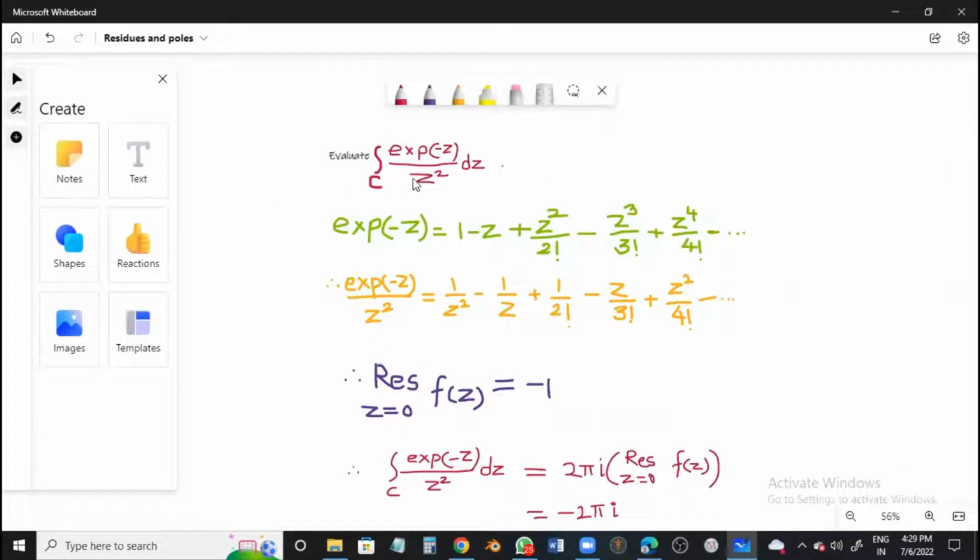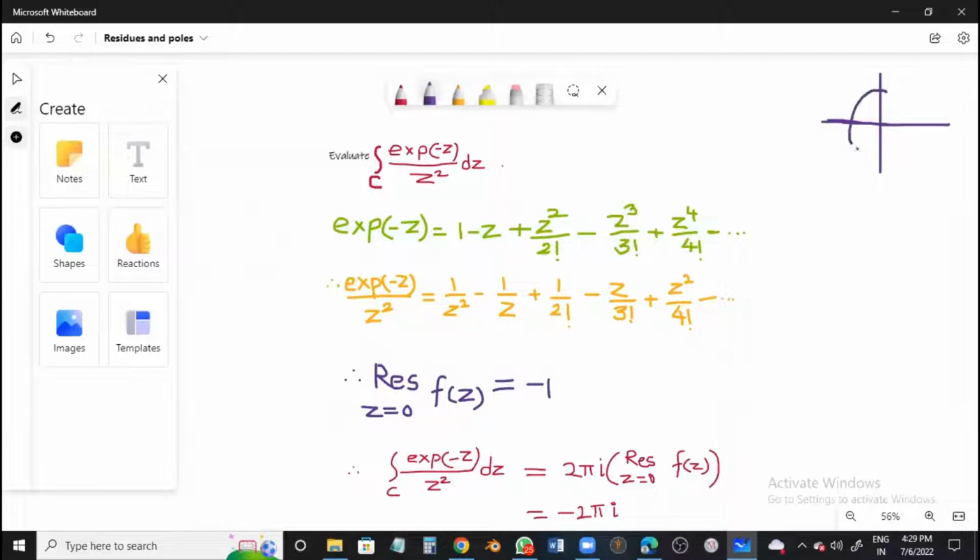Now, in this function, what you observe, the denominator is z square, and the denominator being z square becomes 0 at z equal to 0. You can watch over here, this is your Argand plane.